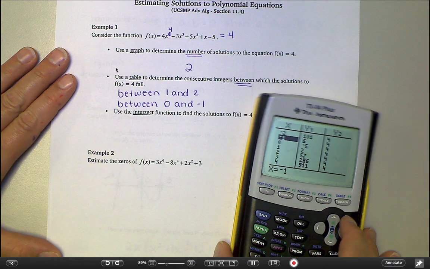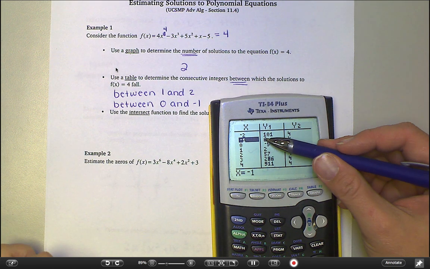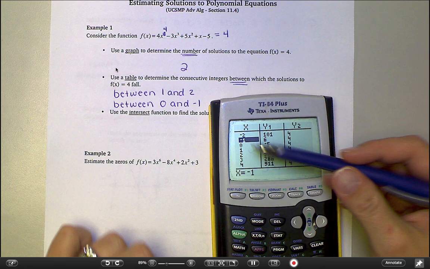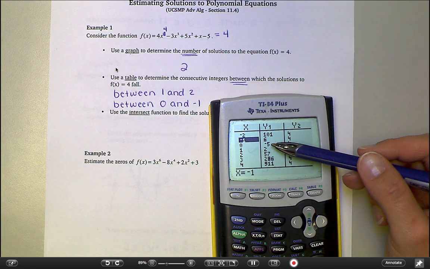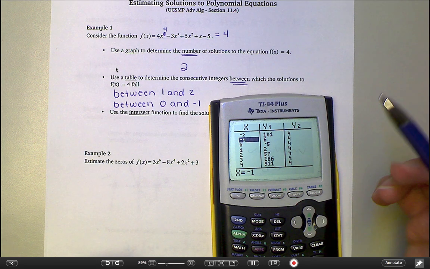Okay, so that's what that means when it says find where it's in between, is look for where do you cross the 4? Where would your y values have to include a 4? And we could actually break our table down to like decimal points here and get a little bit closer to 4, but we just want to know where would we cross that line.